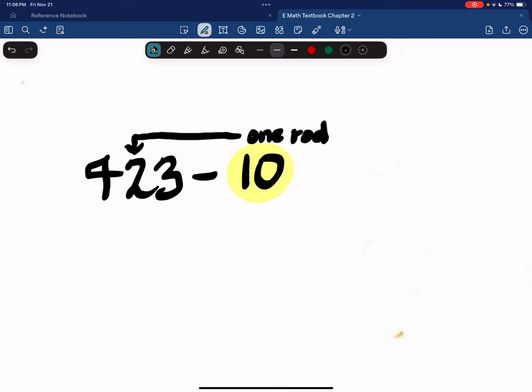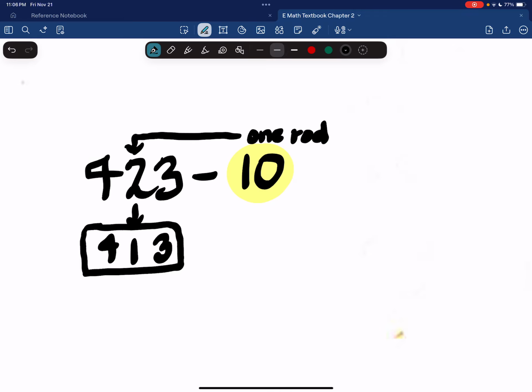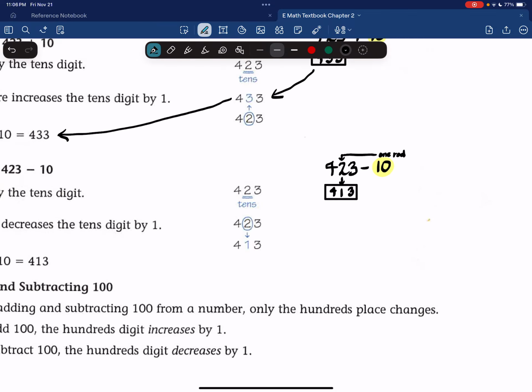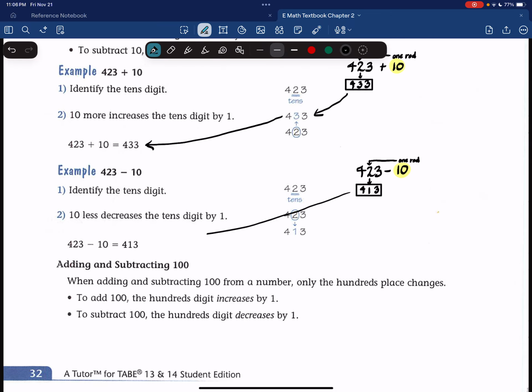But this time we're decreasing by a rod. So this will come down 1 rod to get 413 as your final answer. And sure enough, there is our final answer.